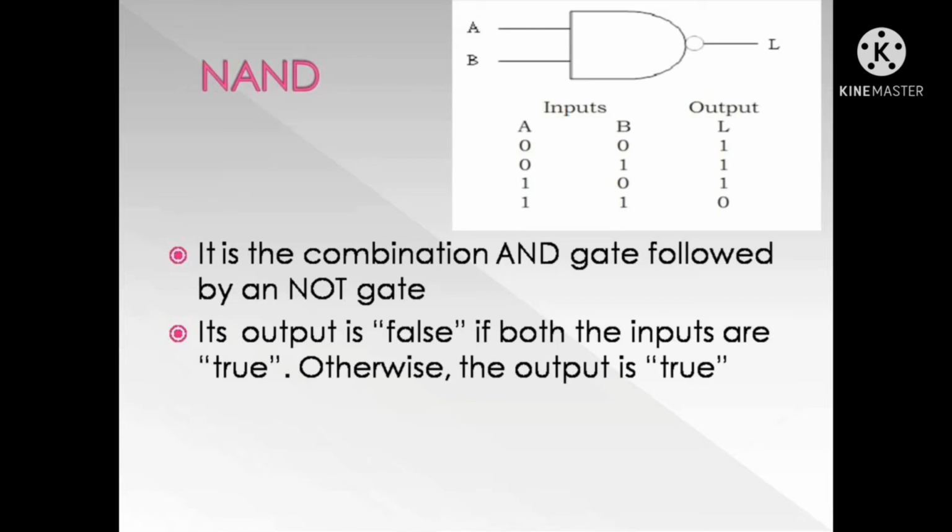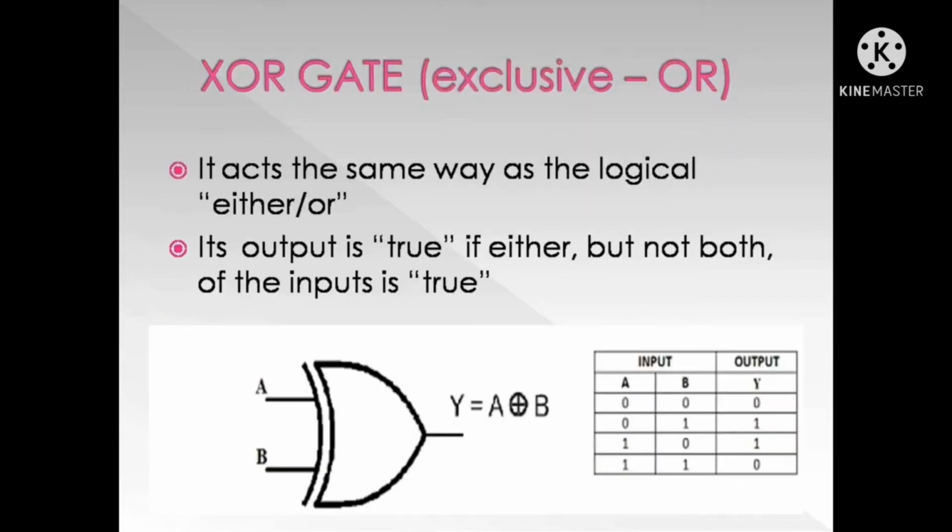It acts in the manner of logical operator AND, followed by negation. The output is false if both inputs are true. Otherwise, the output is true.